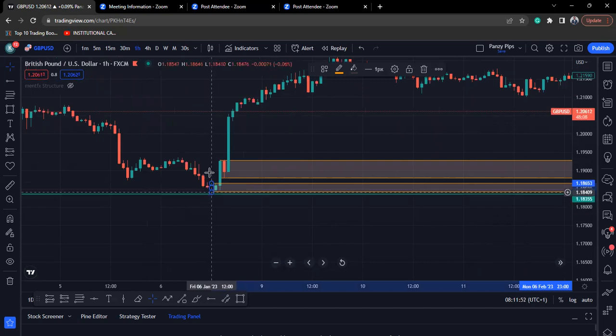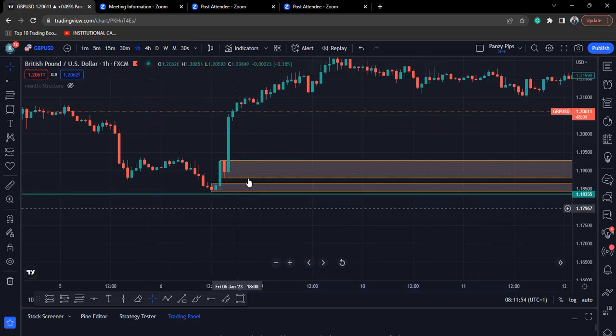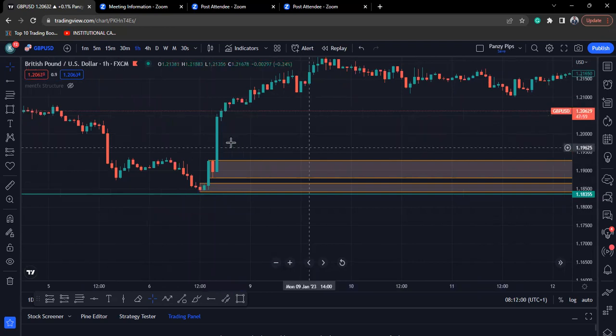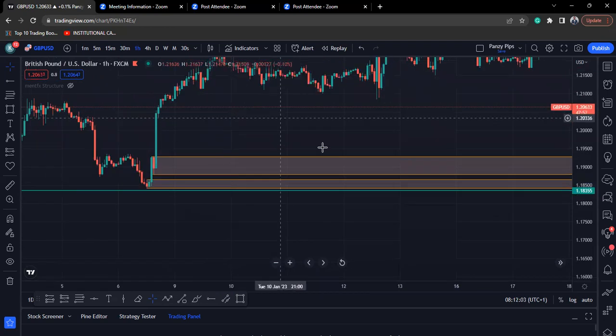Actually here. Okay, so that's our last level of demand here. And then this one that actually caused the spring that broke above these highs. Okay, so those are zones to watch out for.